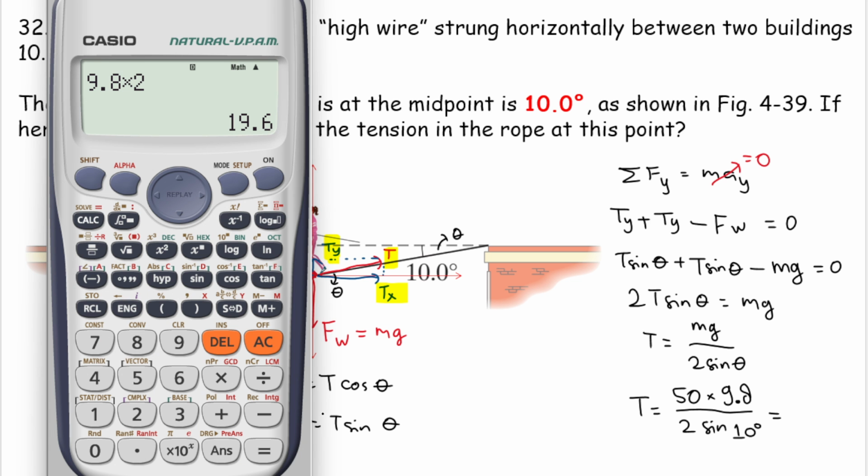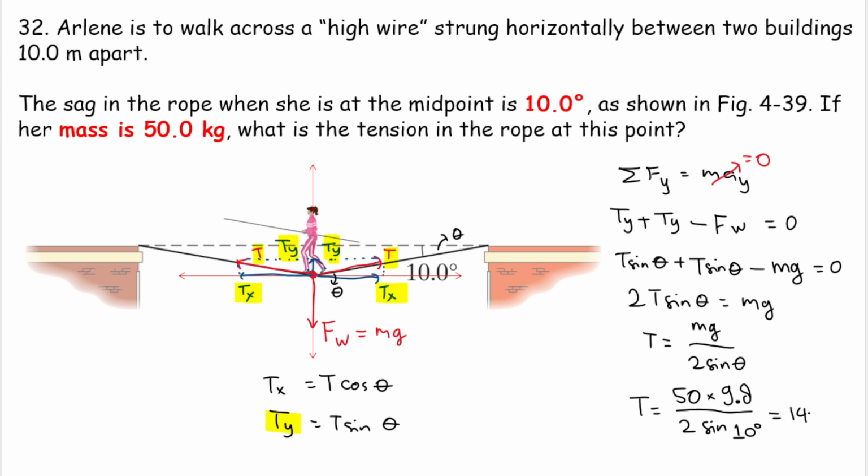Let's do that. 50 times 9.8 divided by 2 multiplied by sine of 10 degrees. We already have degrees mode here, so we will have the result, that will be 1411. Okay, I think 1411, and the unit here will be in Newtons.